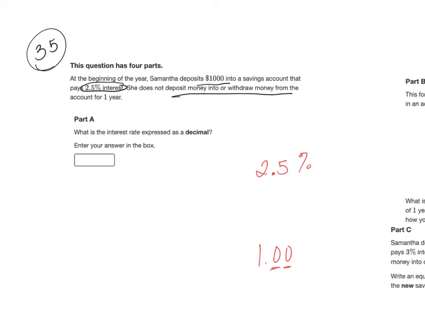And to do that, instead of moving the decimal point 2 places to the right, we are going to move it 2 places to the left. And because there is no number there, we need to put a 0 in as a placeholder. So 2.5% is the equivalent of 0.025 as a decimal.